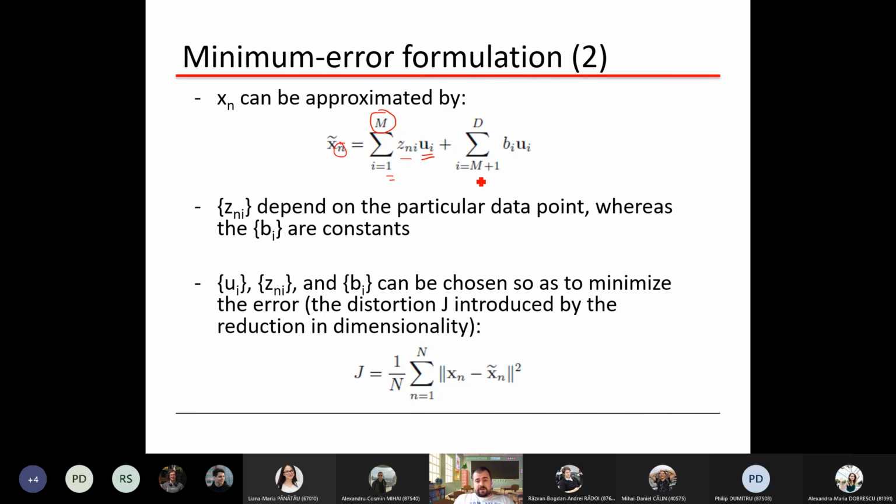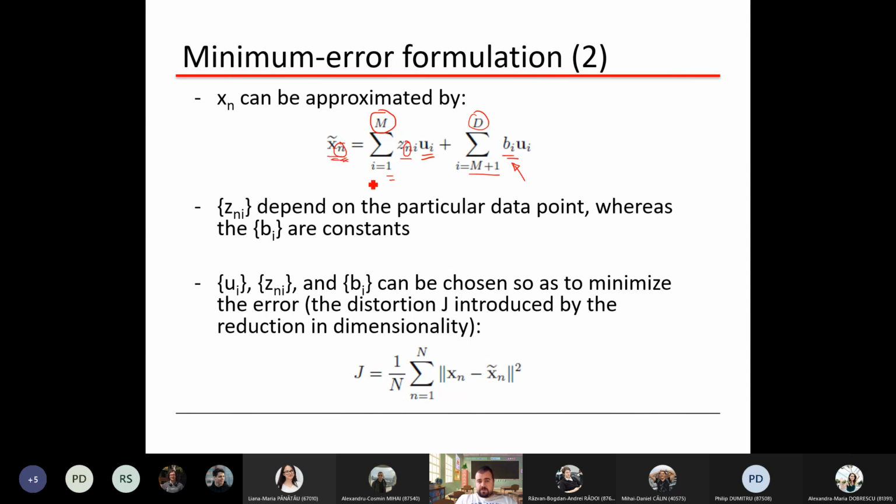For all the other directions from m plus 1 to d, I will use a single value that doesn't depend on n. In here you can see that the representation for those m dimensions that I'm allowed to use depends on the value of n, so depends on the point that I'm trying to project. However, in the other directions, so from m plus 1 to d, this value of b_i doesn't depend on the point anymore.